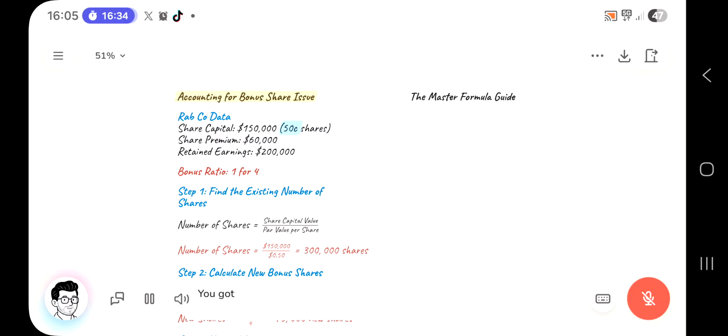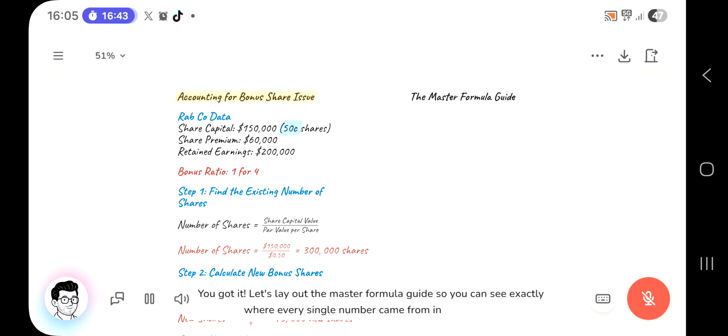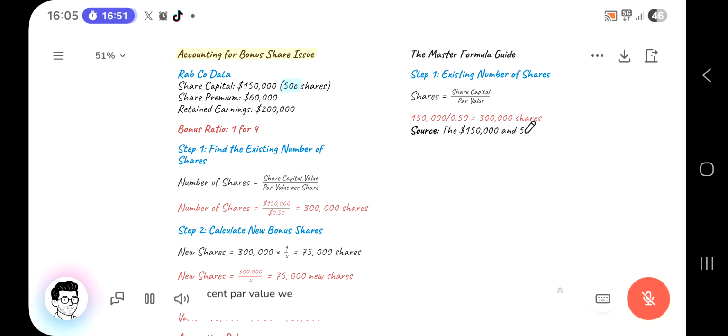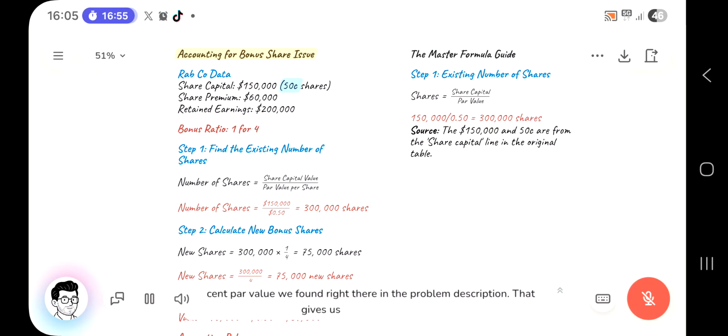You got it. Let's lay out the master formula guide so you can see exactly where every single number came from in your notes. First, we take that $150,000 share capital and divide by the 50-cent par value we found right there in the problem description.